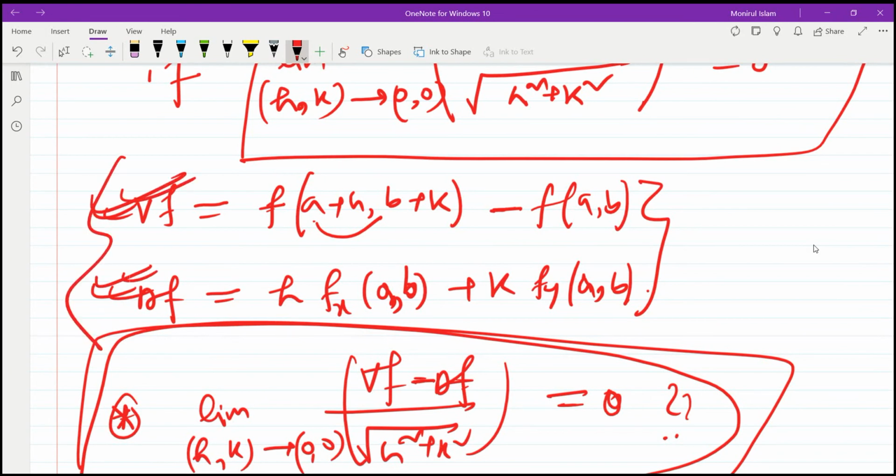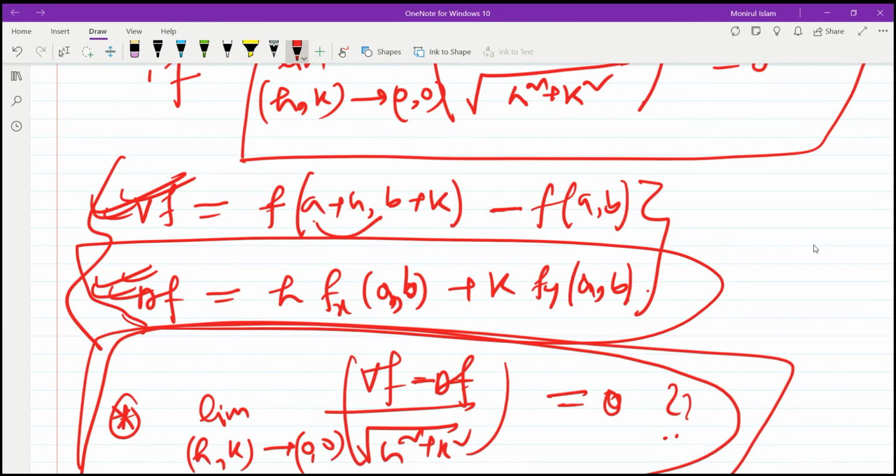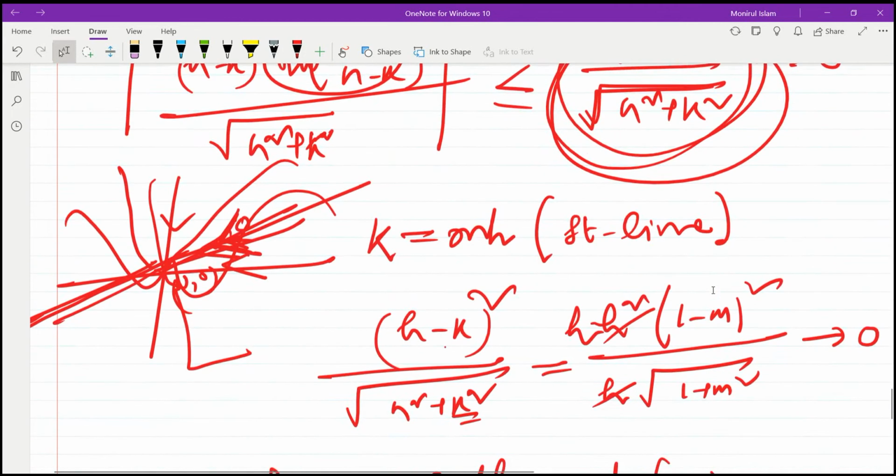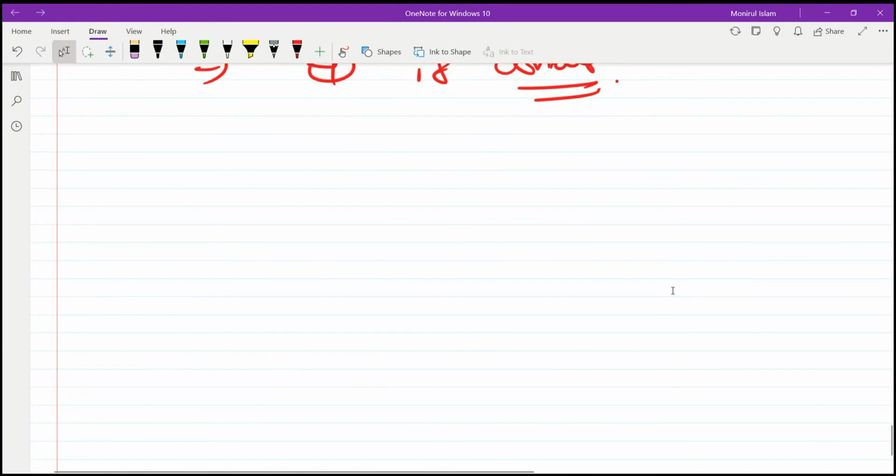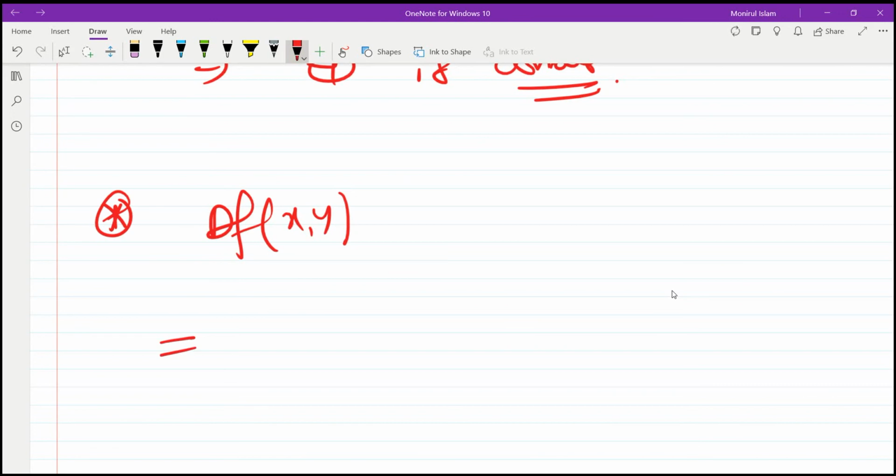And how do you find this? This df is very trivial. This df means nothing but df of (x, y). So df will be nothing but del f by del x dx plus del f by del y dy.